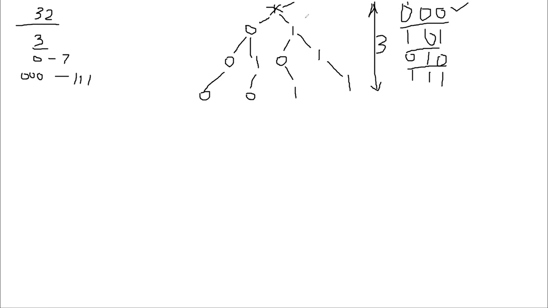I want a 1, then only it will give me a better answer. On my root, I see there's a 1, so I will go in this direction and not in that direction. That means there is some number which has 1 on the leftmost side, so I can easily say I could get a 1 here.